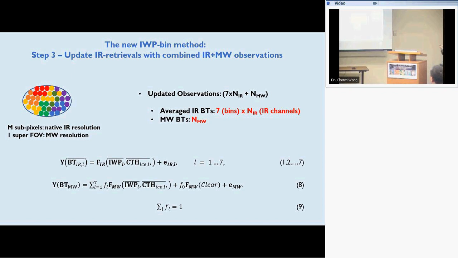Once you have very thick clouds, the infrared observation starts to saturate. So if you calculate the Jacobian of the infrared observation, for example, d brightness temperature over d cloud properties, it's almost zero. So when you put them in the optimal estimation, there's no sensitivity for infrared. So in that case, the microwave is dominant.